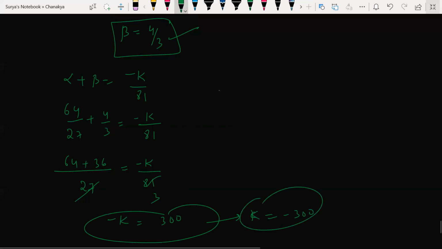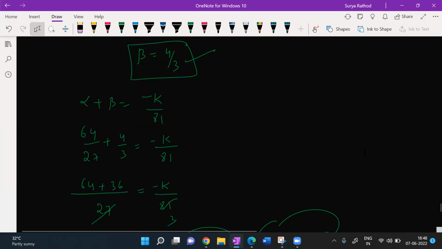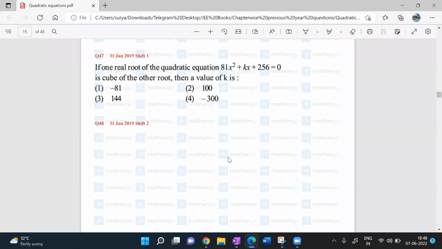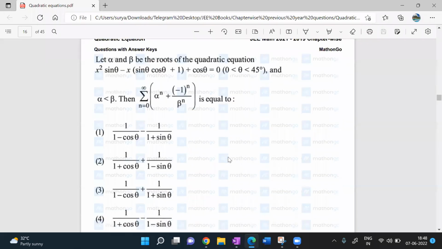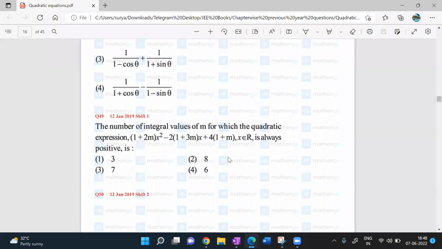It was a very simple question. Shall we go for the next question? Everyone solve this question, the 49th one. And the 48th one is homework, guys.